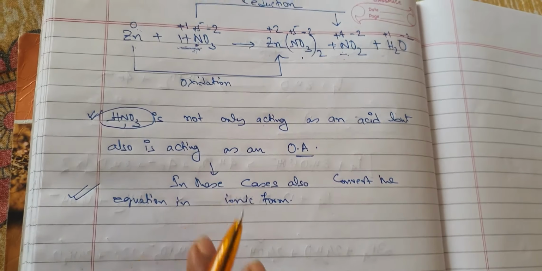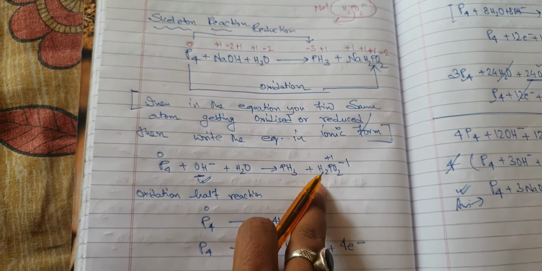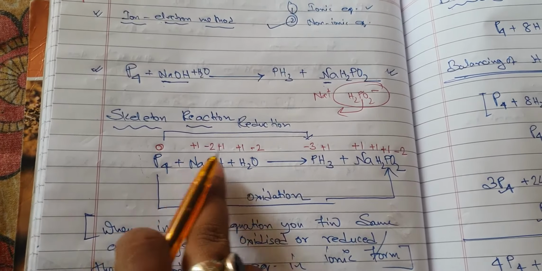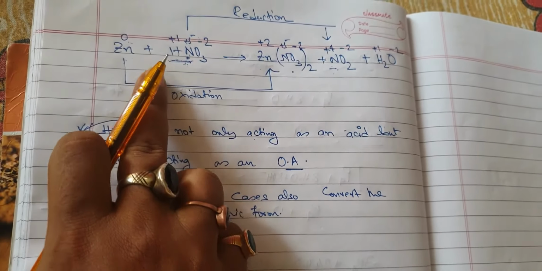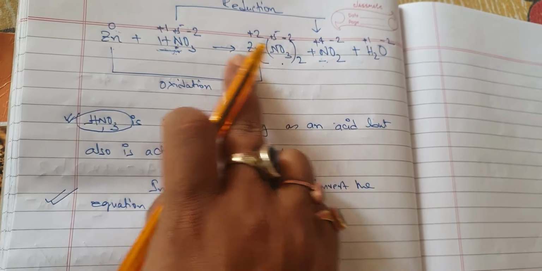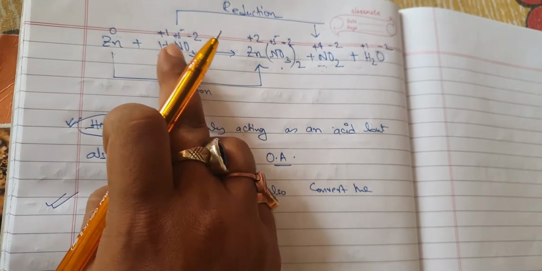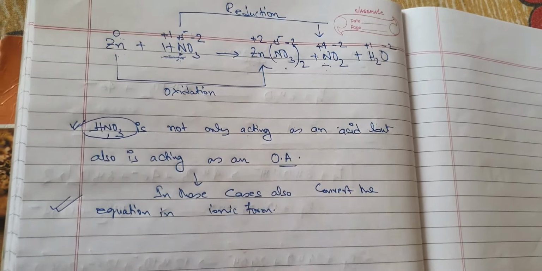So in the ionic form, what you did, I asked you to remove the Na because it had the same oxidation number, plus 1 and plus 1. But in this case, you don't remove the metal, you just remove the hydrogen part and the NO3 part, okay, because they are carrying the same oxidation states, plus 5, plus 5, minus 2.